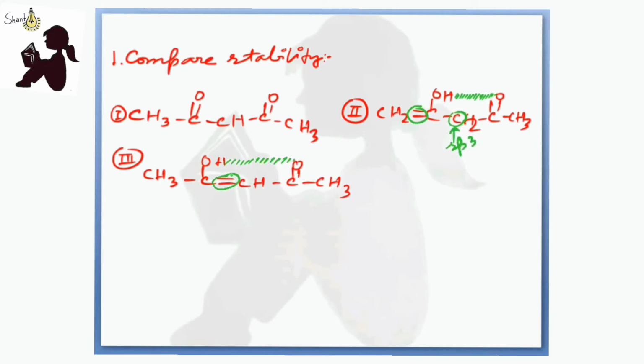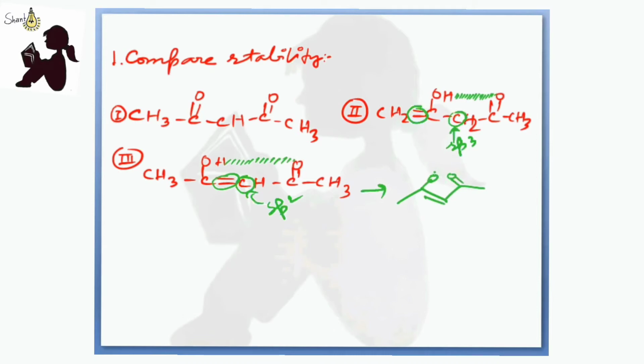But due to the presence of this double bond here, this carbon atom becomes sp2. So this molecule forms a triangle-like formation. Okay.